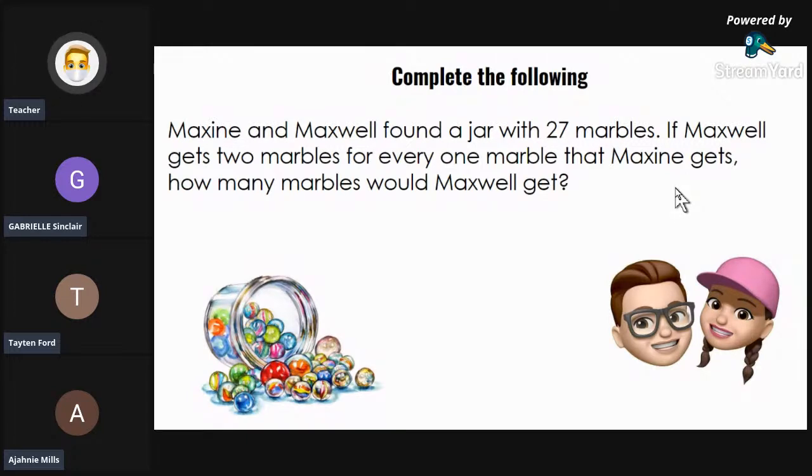Somehow they found a jar that had some marbles, and somebody's going to get some, somebody's going to get some. One will get 2, and the other will get 1. And if they keep doing that, in the end, how many will Maxwell get?